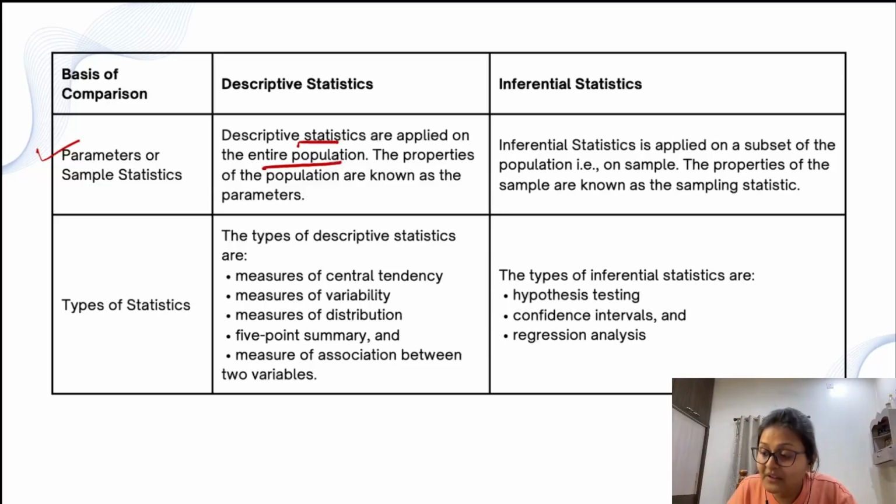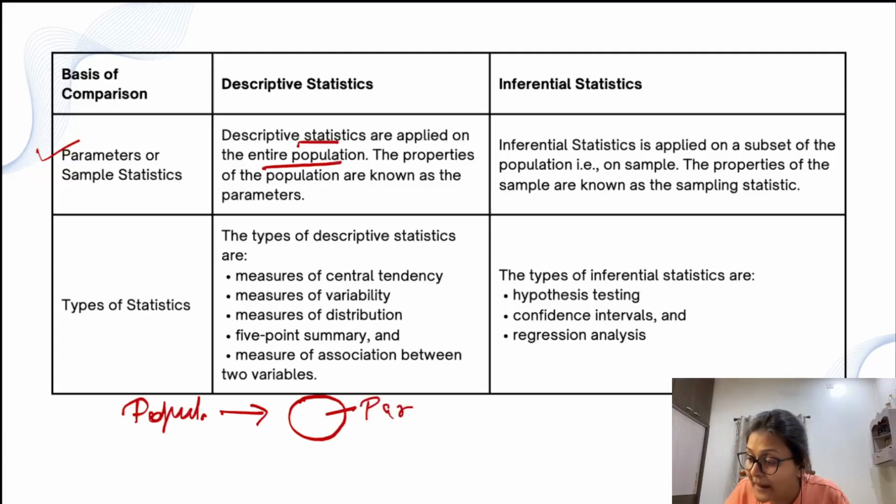So, a certain feature of the population is going to be contained in a smaller sample, and that is going to be known as parameters. A small property of the population is known as a parameter.